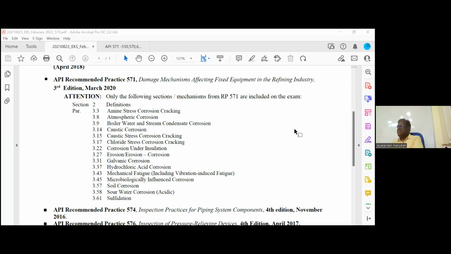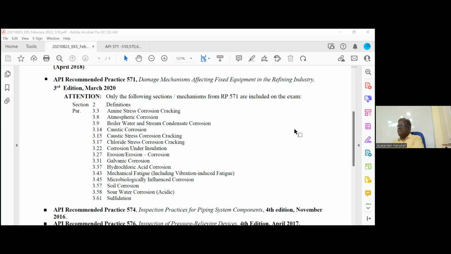Apart from that, we have CUI, corrosion under insulation inspection. Then we have CML inspection. Many types of inspection are there. But when you are going for any type of inspection, first you should know what you are looking for. So you should have an idea about the damage mechanism.